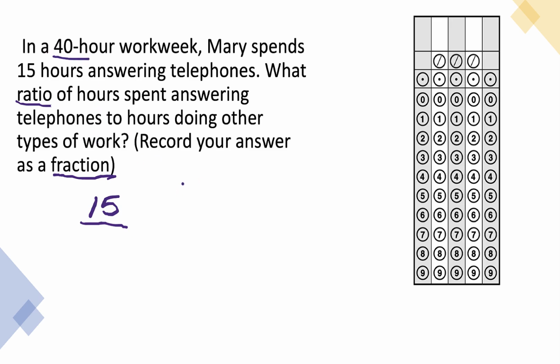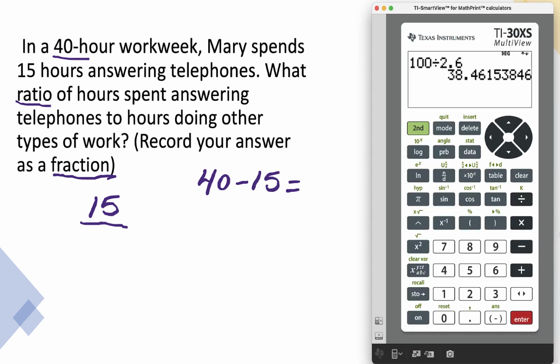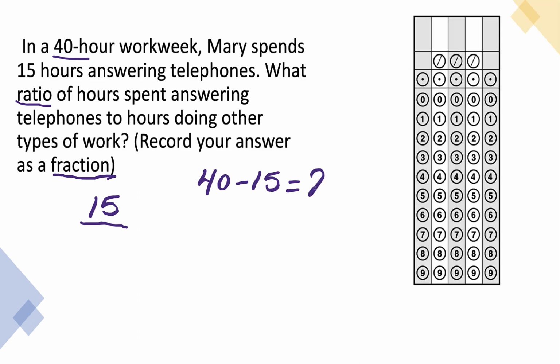Now remember, she works a 40-hour week. So to find out what she's doing when she's not answering the phone, you're going to have to do 40 minus 15. And to move this along, let's get our calculator. 40 take away 15 gives us 25. So 25 hours she's doing other types of work.